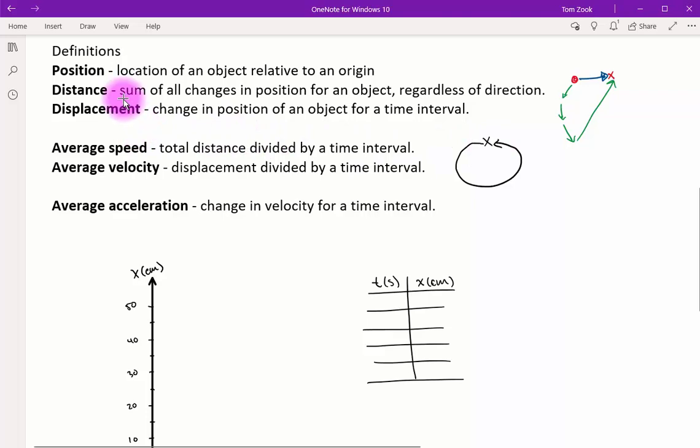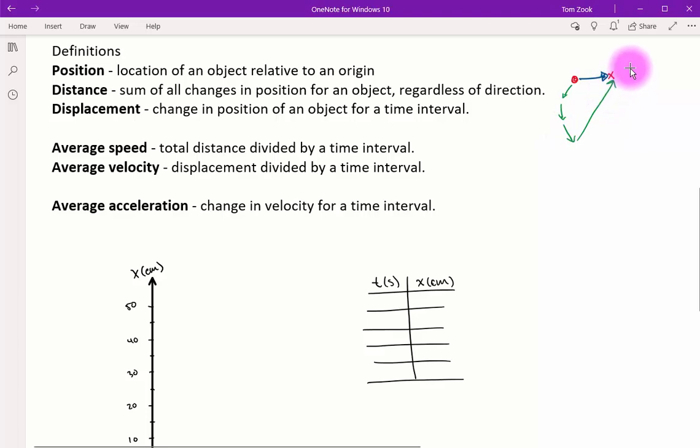Now, these two definitions come in handy when we're talking about the difference between average speed and average velocity. I'm going to delete that little track thing because I want to write some equations here. Average speed is defined as the total distance divided by the time interval that it took. So if I go through this green arrow here, and it takes me 5 seconds, I take the total distance traveled divided by 5 seconds.